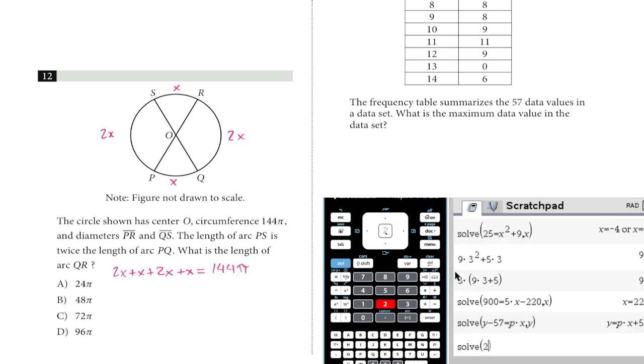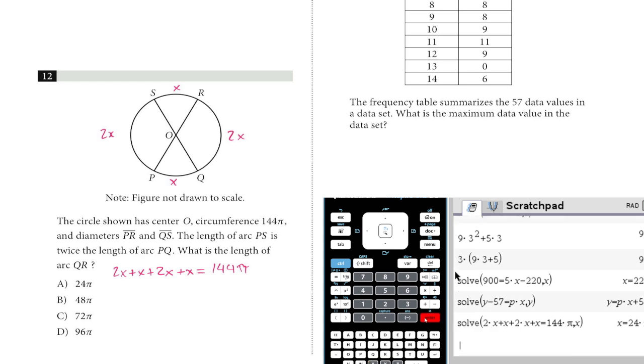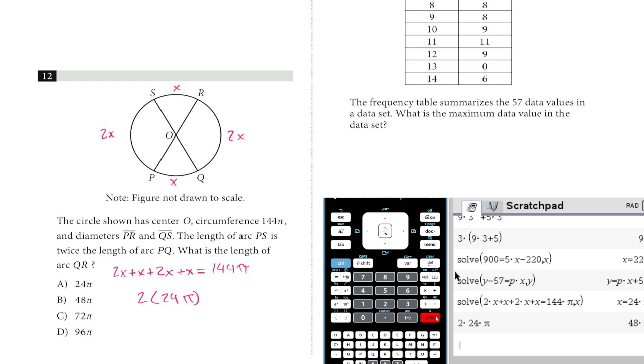So 2x plus x plus 2x plus x equals 144 with the pi button, and get the pi. We're going to do comma x. We're going to solve for x first. So we get x equals 24 pi. So then we want to do 2 times 24 pi. So in my calculator, I'm going to do 2 times 24 pi. And we get 48 pi. The answer is B.